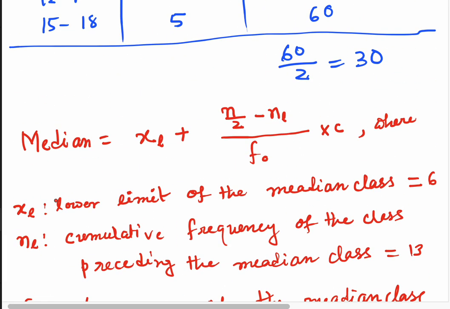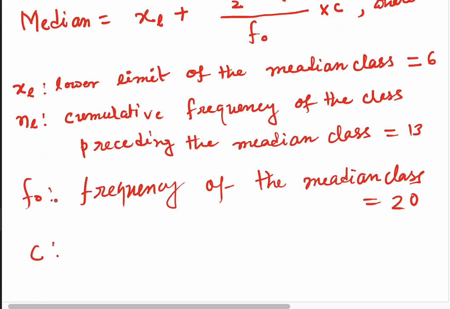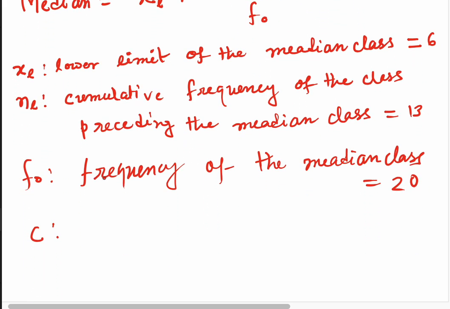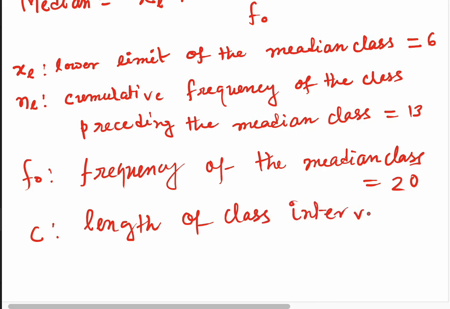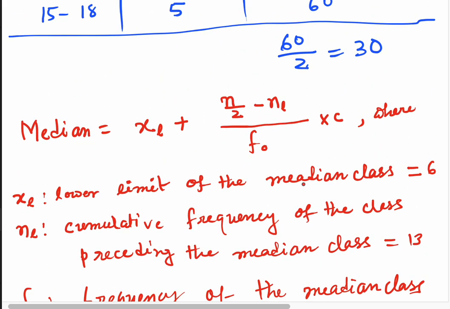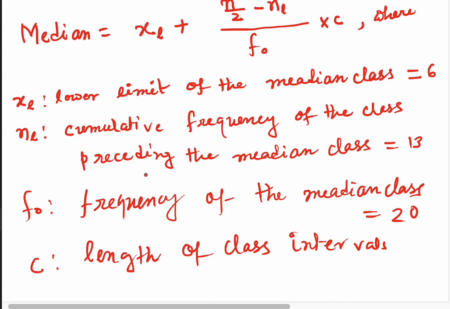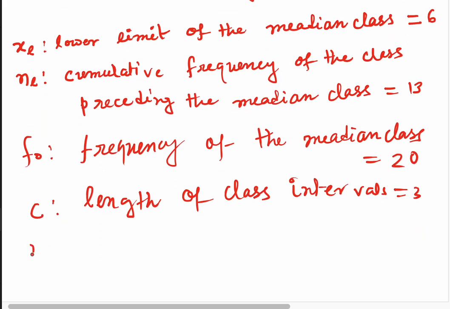C is the length of the class intervals, so that is 3 here. And small n is the total frequency, so that is 60.